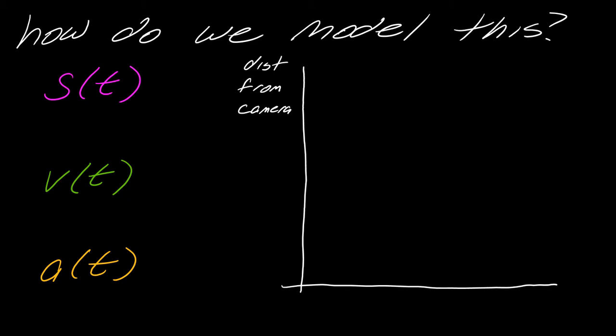In this instance, we're going to say that this line here is specifically the distance from the camera. I actually think it's a little bit easier this time to think about the graph and then back into what type of functions would make sense for this. So I started out at some distance, and then I started to come closer and closer to the camera. At some point I was 0 feet away from the camera.